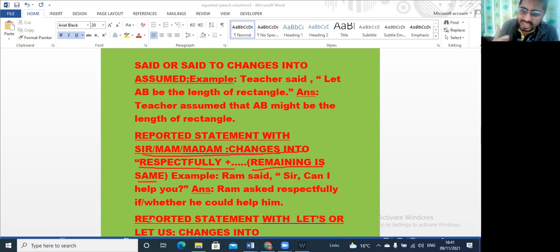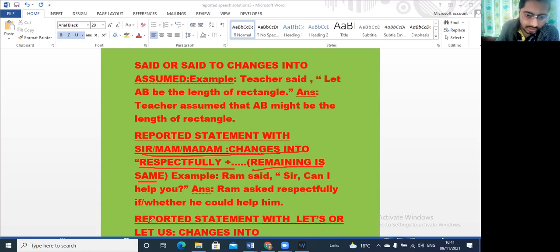What is the sense that we perceive from the reported statement? What is the gist, scenario or phenomenon of the reported statement? We have to understand the sense provided by the reported statement, and then move on to change it into indirect speech.